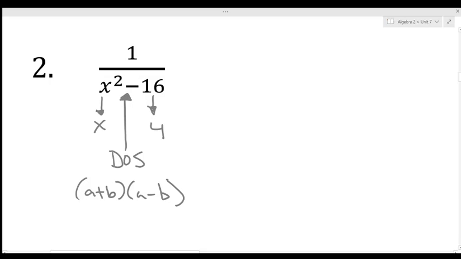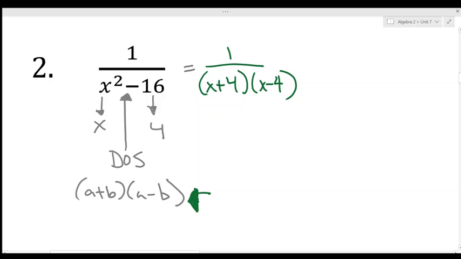If it's a plus, it doesn't work. So we have 1 over x plus 4 times x minus 4. Difference of squares, we used this equation at the bottom. My a value was x, my b value was 4. So you have x plus 4, x minus 4.